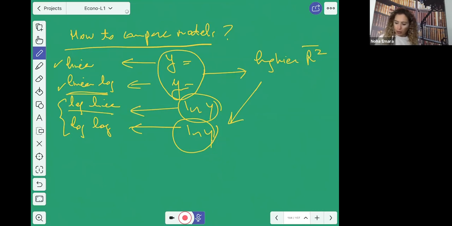They cannot be compared. So just before comparing models, make sure that you do have the same unit of measurement. And in order to do this, you have to actually estimate your model and get the results of the adjusted R square and then say, okay, this one is a better fit for my regression.